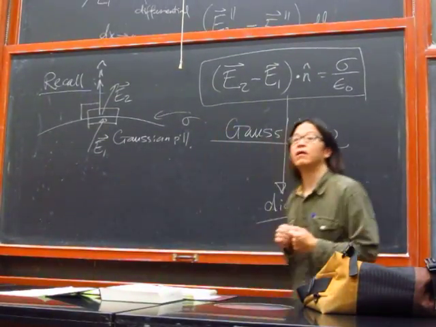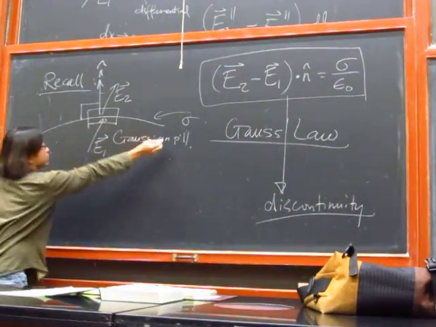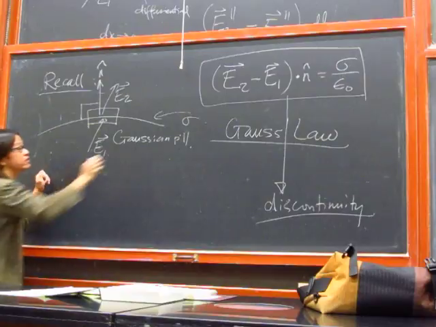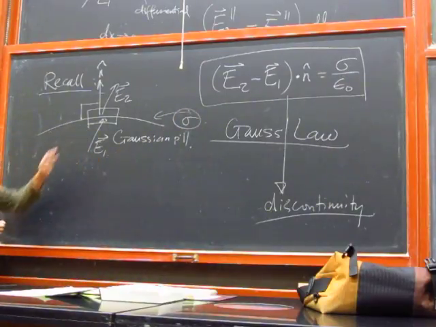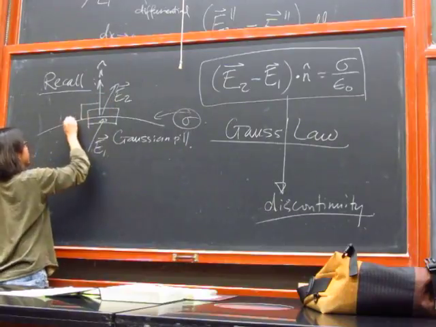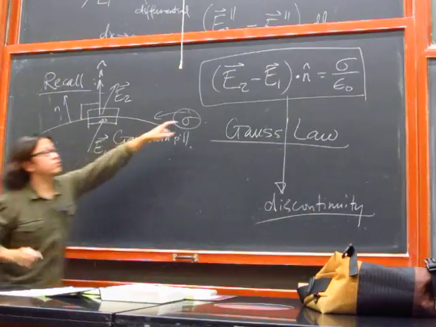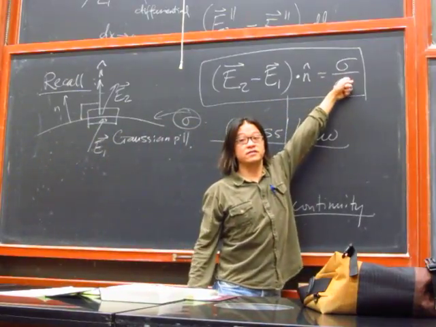What do you mean by the normal? If on any surface you have some charge distribution, and I look at the component of the electric field normal to that surface, there is always a discontinuity that is proportional to the charge density.